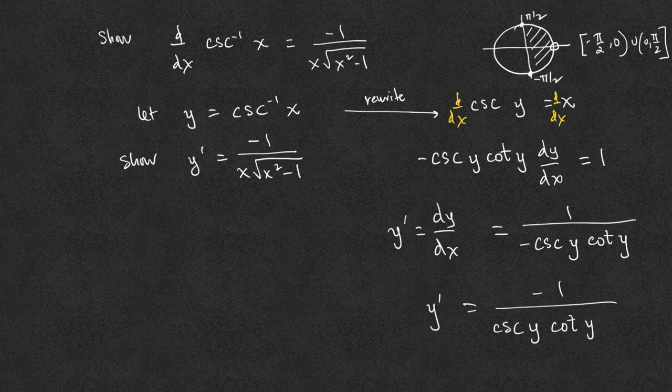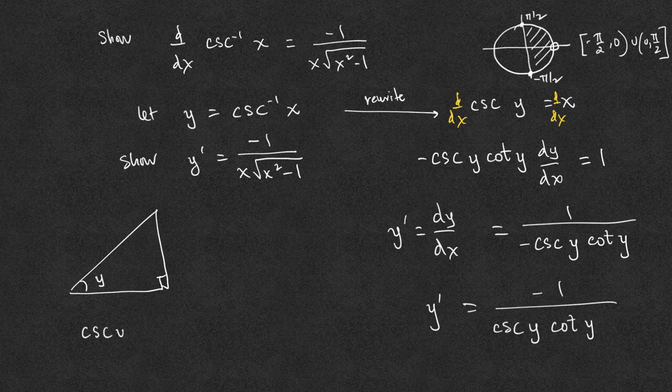Using the trig identities or the right triangle to figure out what cosecant of y and cotangent of y are, we draw a generic right triangle and label one of the angles that is not a right angle y, because cosecant of y is x.